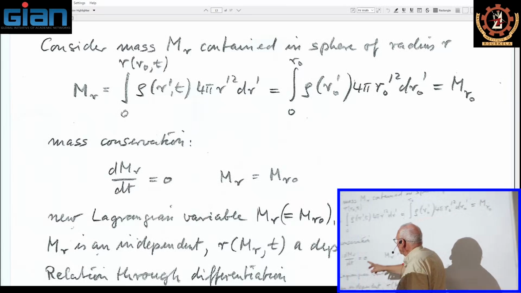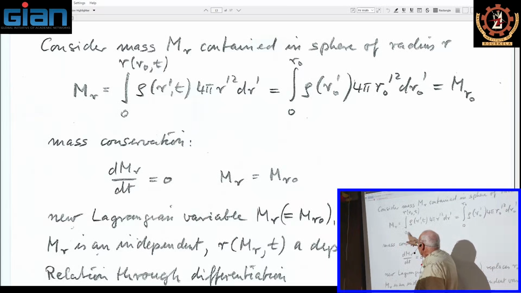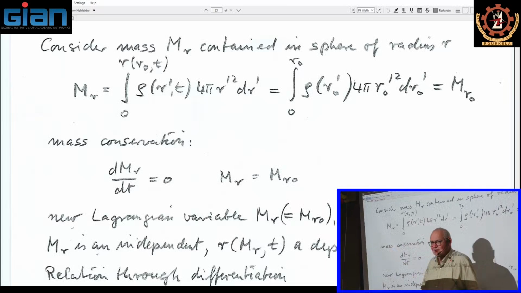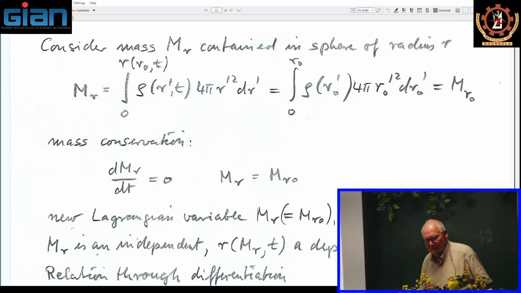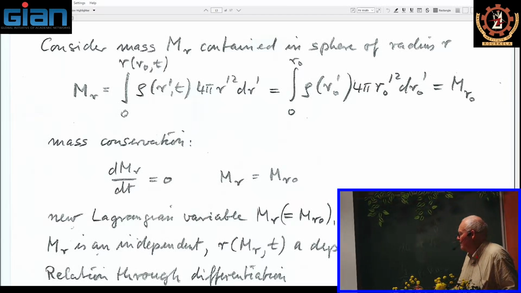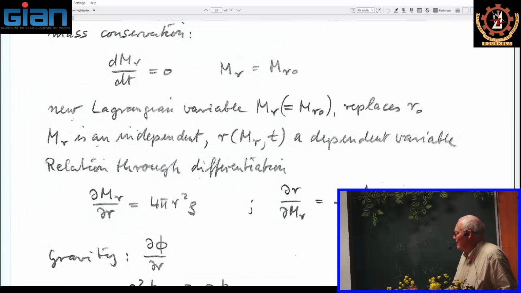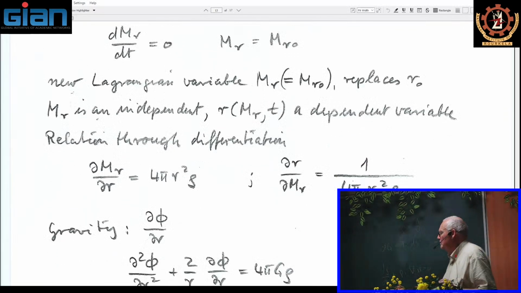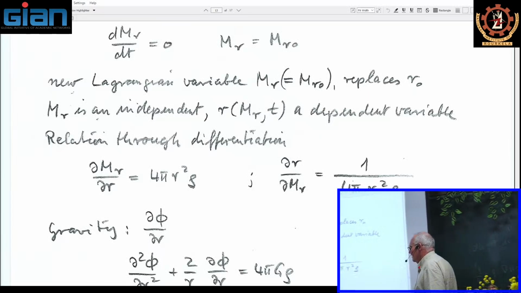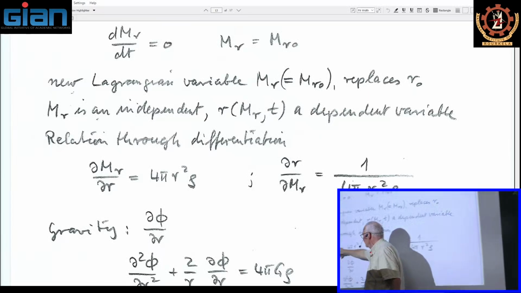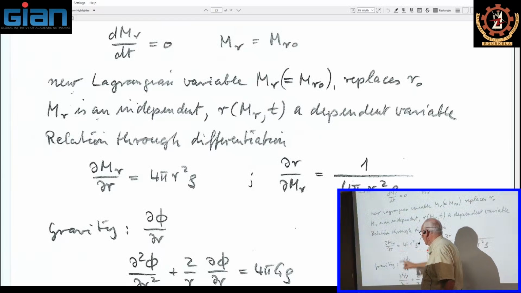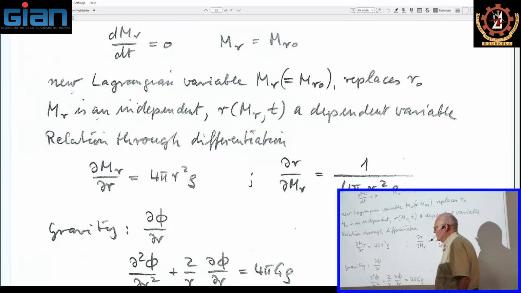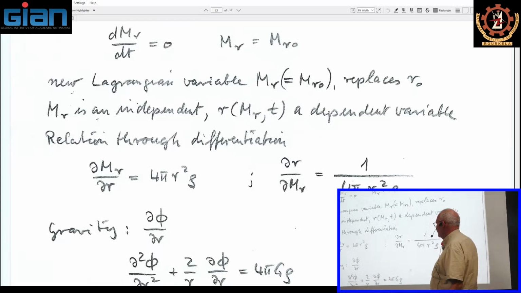So we get dM(r)/dr as simply the integrand, which is rho times 4 pi r squared. So we have a differential relation between the dependent variable r and the independent variable M(r) in the Lagrangian picture, given by 4 pi r squared rho. This is simply the definition of M(r).